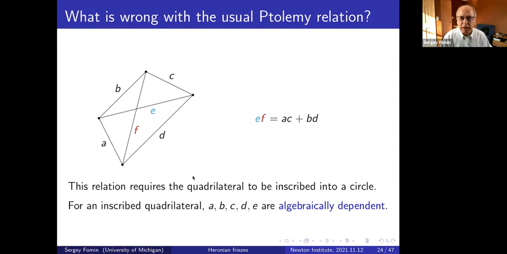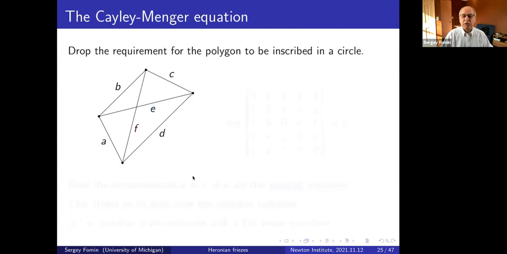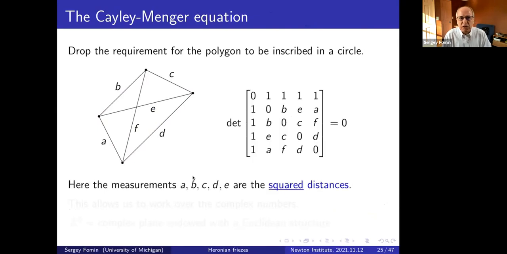So what does work on the plane then, you may ask? Well, let's just drop this requirement for the polygon to be inscribed. Then there is some other equation, because if there weren't, then we wouldn't have the previous phenomenon. What is that equation? This is the Cayley-Menger equation. So these 6 distances satisfy a certain equation which expresses the fact that the volume of the tetrahedron with edge lengths square root of A, square root of B, square root of C, square root of D, square root of E, square root of F is 0.